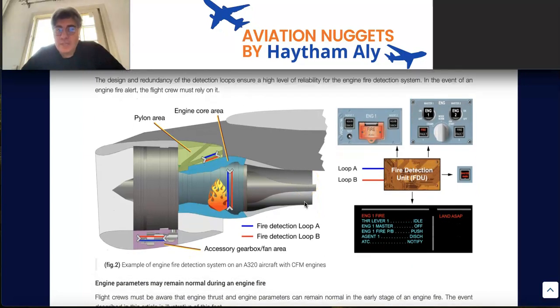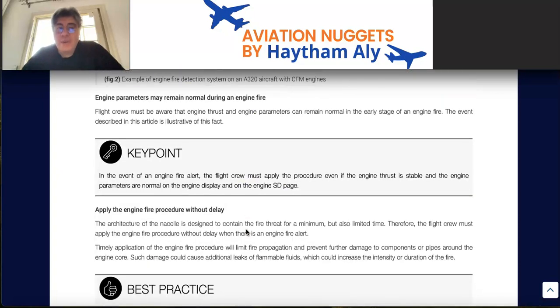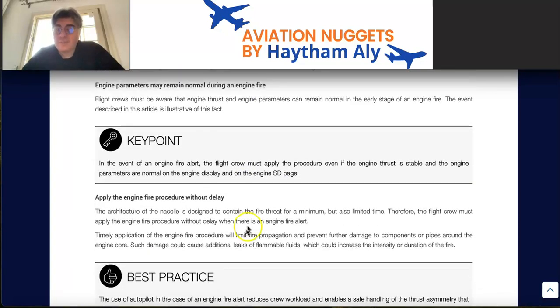Okay, so this schematic is for the engine fire detection system on an A320 aircraft with CFM engines. The blue line is the fire detection loop A, and the red line is the fire detection loop B. Okay, everybody? And also, everybody, you need to take care.